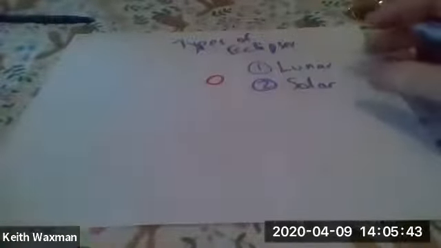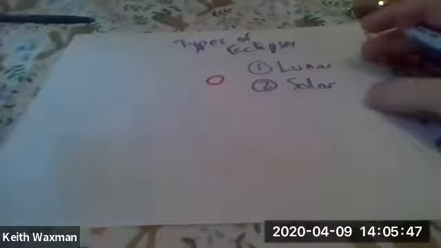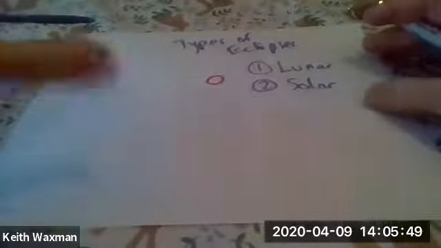Let me show you the circumstances for a lunar eclipse first, because next time we're going to start talking about lunar and solar eclipses. And lunar eclipses are really nice to see, and I'm going to talk to you about some of the times you're going to be able to see some coming up. And solar eclipses are nice, but there's a certain type of solar eclipse that's indescribable. I'm going to try to describe it to you.